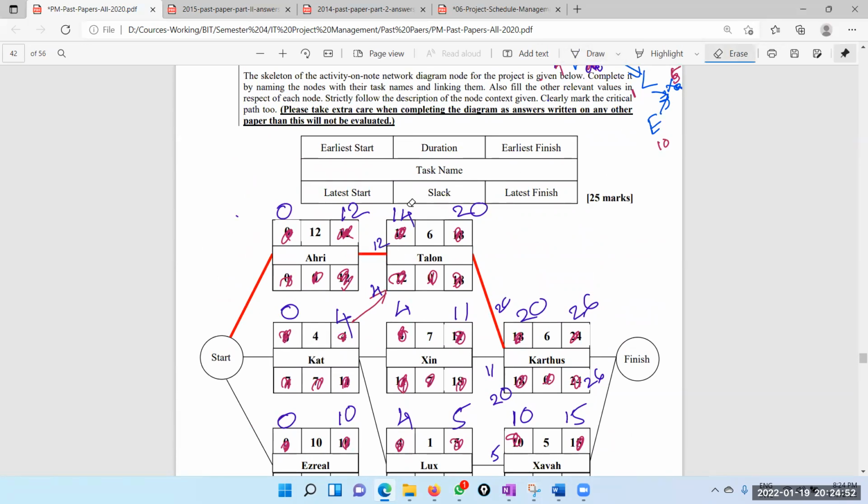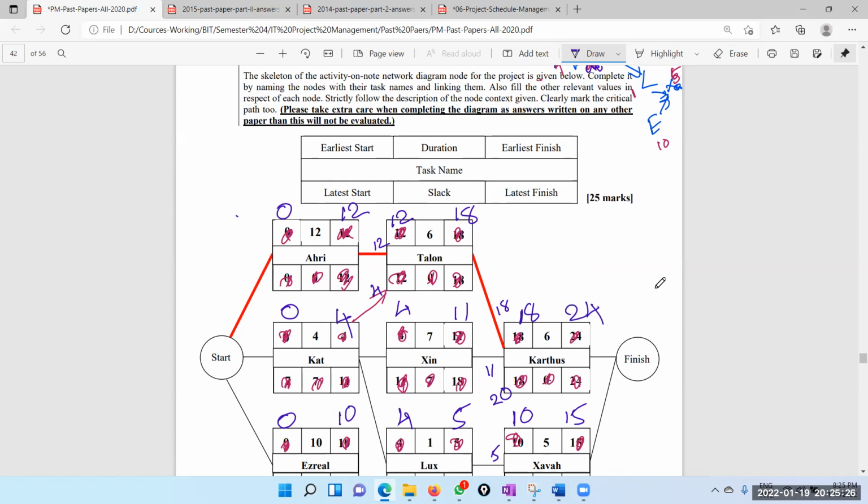You have to take the bigger one. The bigger one is 12. 12 plus 6 is 18. So from this side 18, from this side 11. The bigger one is 18, therefore it is 18. 18 plus 6 is 24.